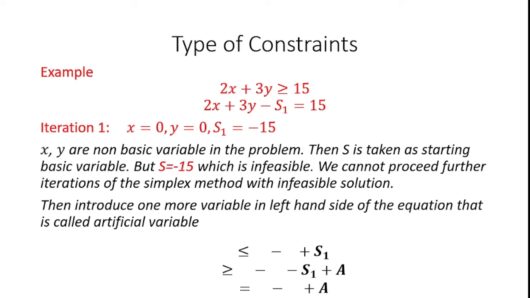Here what we can do: if I get an infeasible solution with the constraint equation, I have to introduce one more variable on the left hand side of the equation, which is called an artificial variable. I can explain this with a practical example of the problem solving technique.